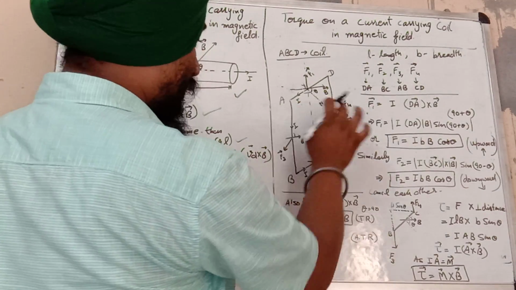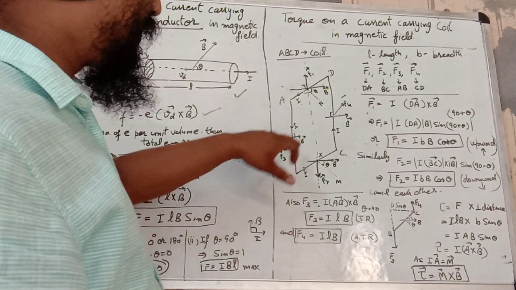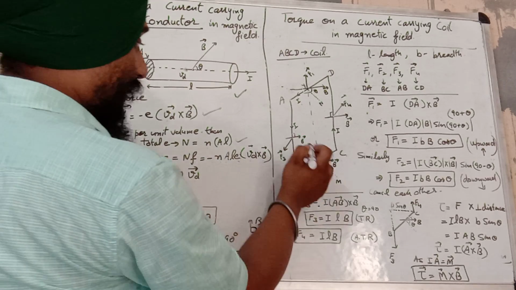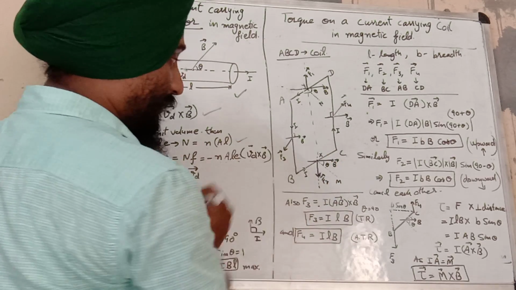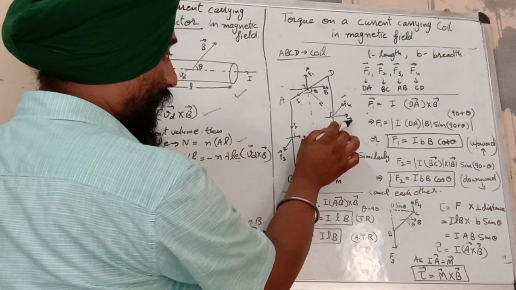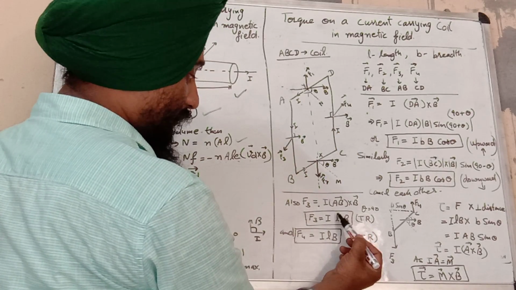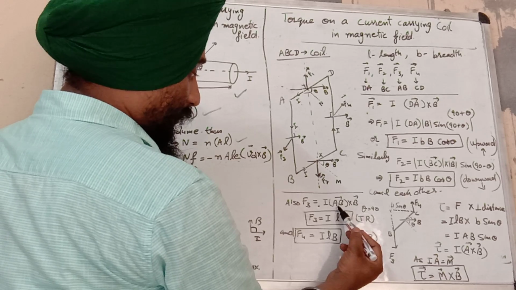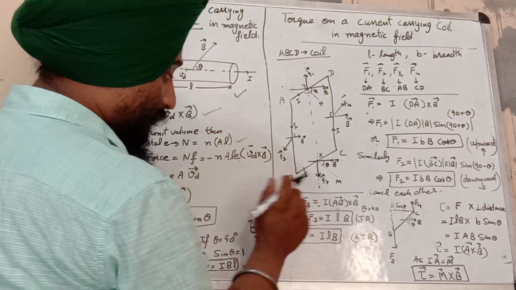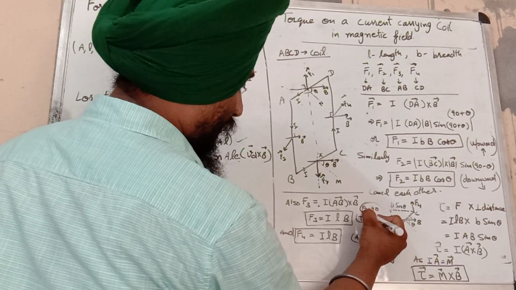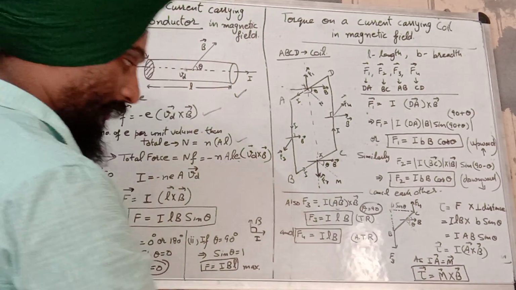Now, what happens to the other sides AB and CD? Here the angle between current and field is 90 degree. So the force is I AB B, and the value of AB is L, so it becomes ILB, because sin 90 becomes 1.